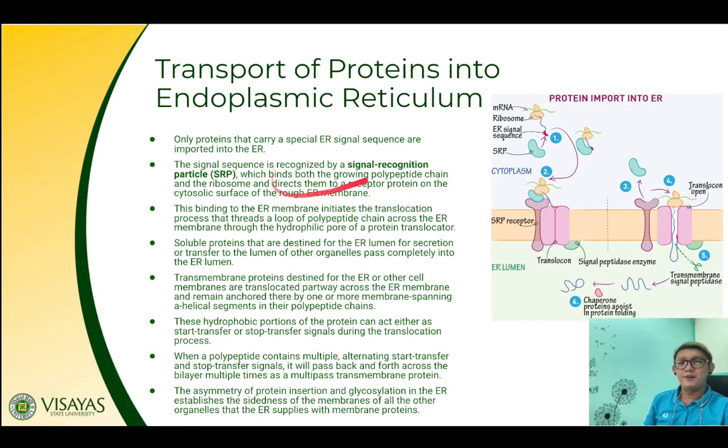So only proteins that carry a special ER signal sequence are imported into the ER. The signal sequence is recognized by the signal recognition particle, or the SRP, which, like in the thylakoid membrane transport, is almost the same, binds with the growing polypeptide chain and the ribosome and directs them to a receptor protein on the cytosolic surface of the rough endoplasmic membrane.